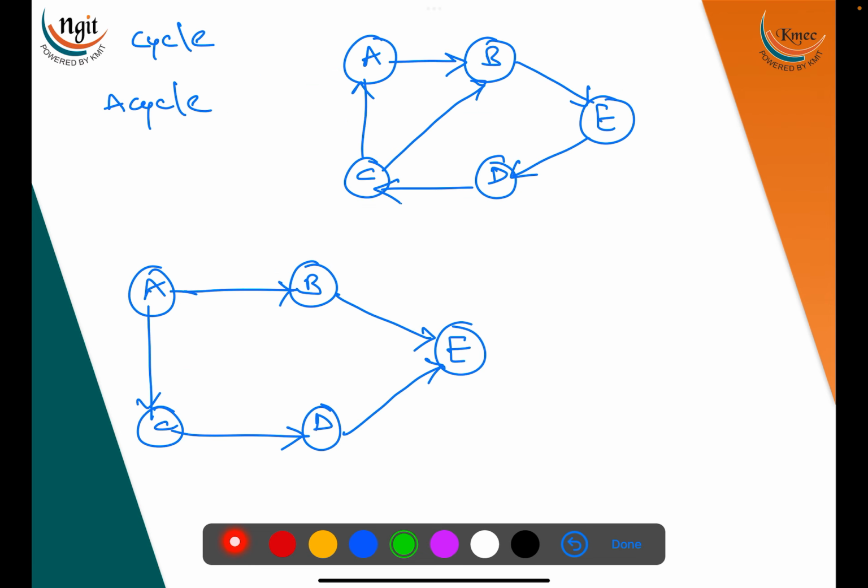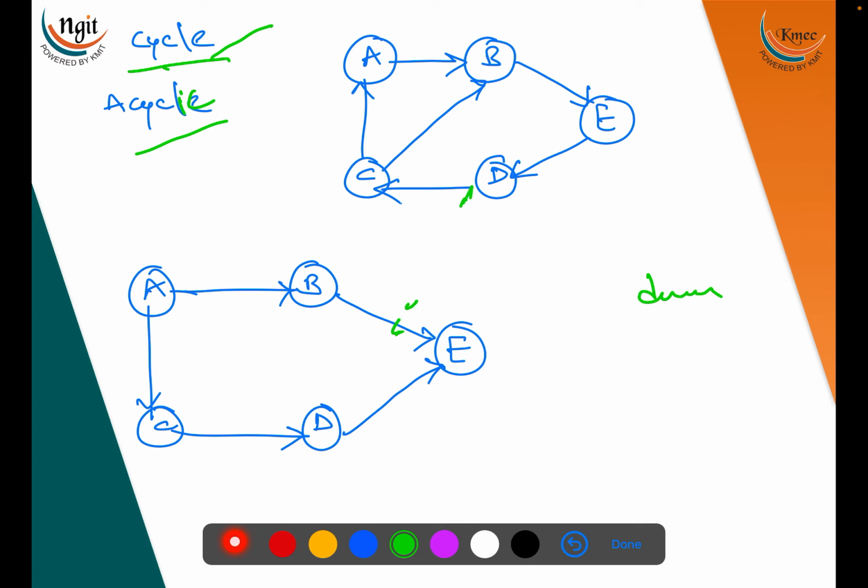Now we'll take some examples. A digraph can be drawn in two ways: a cyclic graph and an acyclic graph.